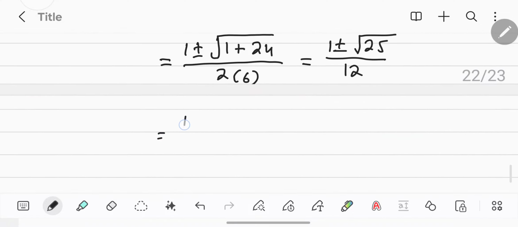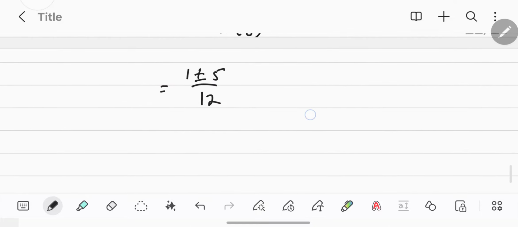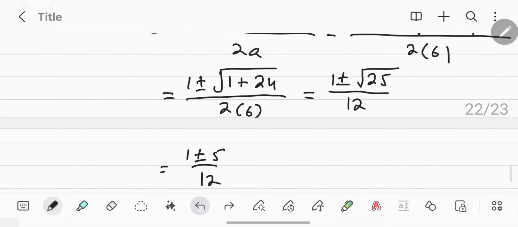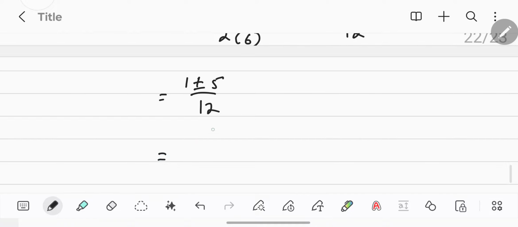This is equal to 1 plus minus 5 by 12. Because the square root of 25 is 5, you write it with plus and then with minus: 1 plus 5 by 12, and 1 minus 5 by 12.